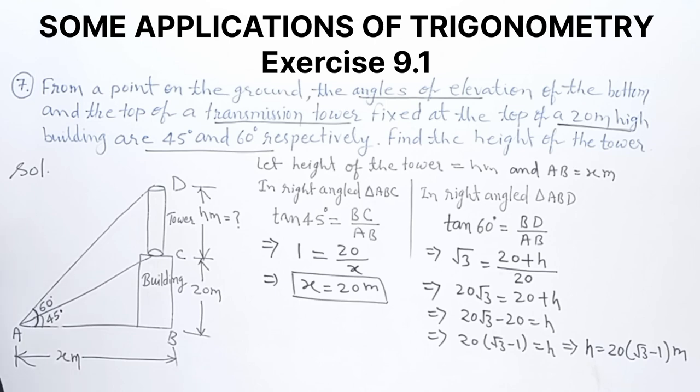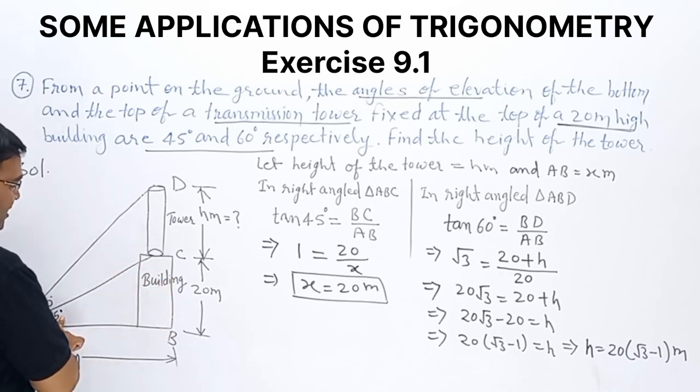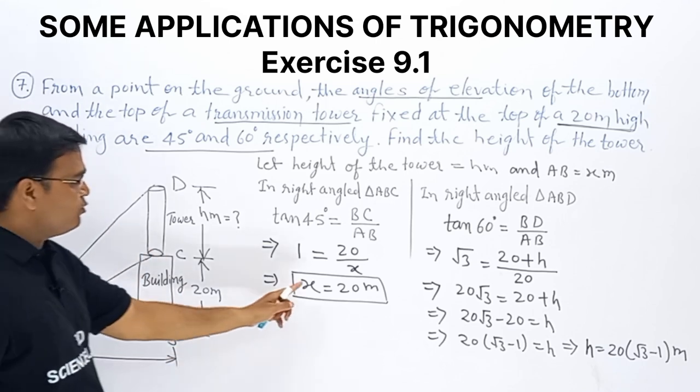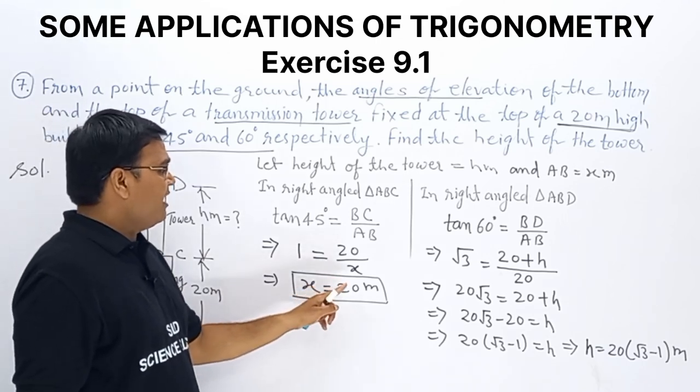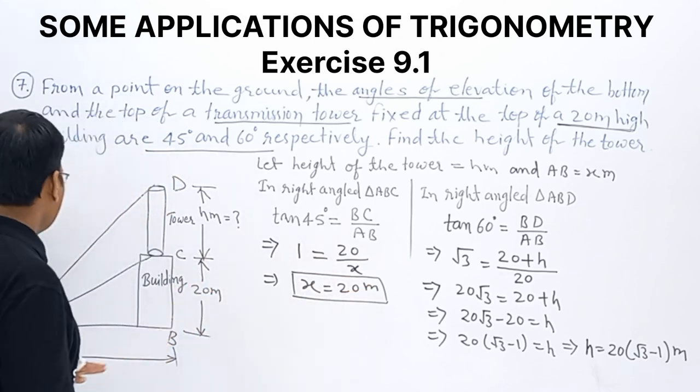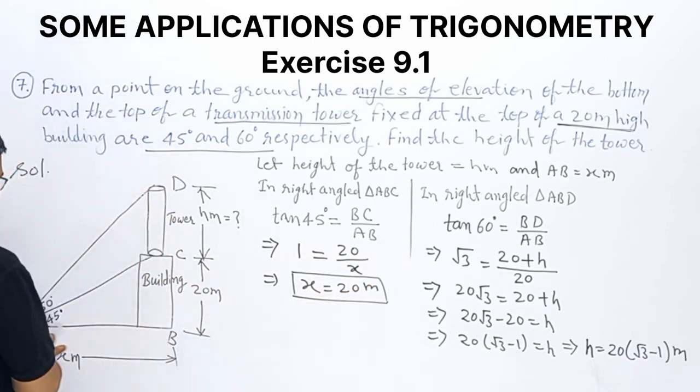Clear? So first we will use this right triangle, in which we are having the angle and this perpendicular. Then we obtain this one, which we assumed as X, and this is 20 meter. Clear?